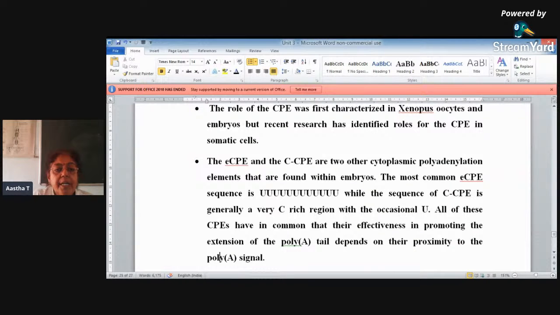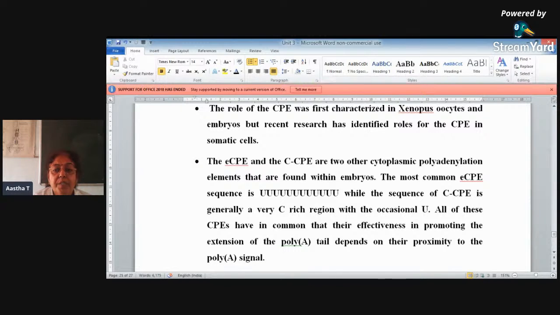The eukaryotic cytoplasmic polyadenylation element, CPE. It is again cytoplasmic polyadenylation, and embryonic cytoplasmic polyadenylation is found in the embryos and is known as ECPE. आणि त्याच्यामध्ये जी सिक्वेन्स ऍड होते ते UUU सिक्वेन्स.